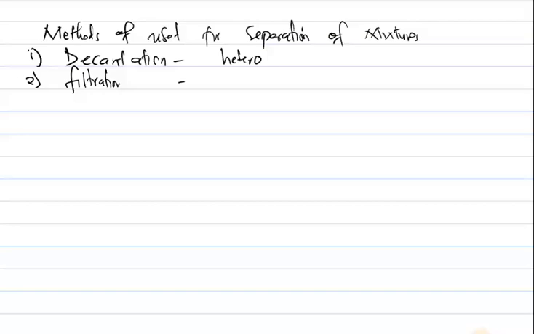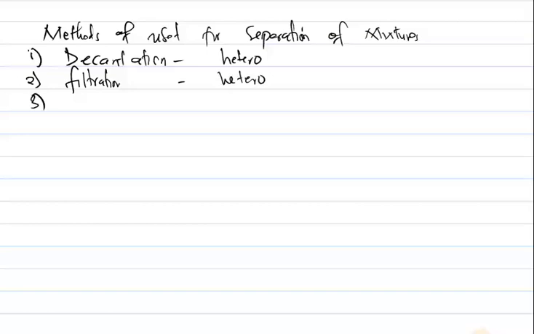That's decantation. You are letting the unwanted substance settle down when you remove the wanted. But filtration, you don't have to wait. Whatever it is, just pour on the filter paper and you get what you want. This one is also for heterogeneous.